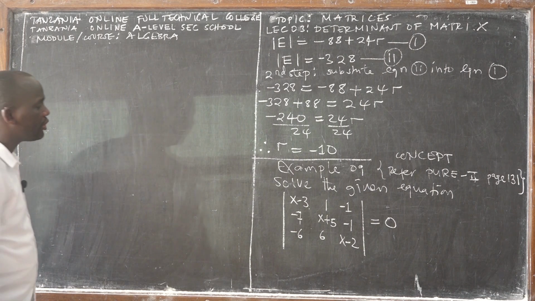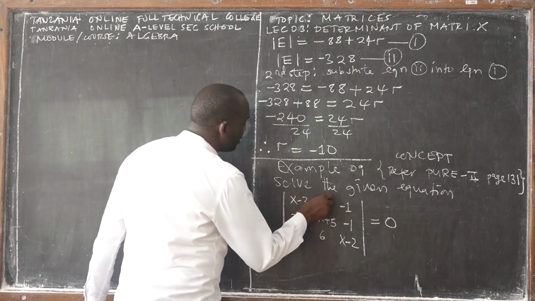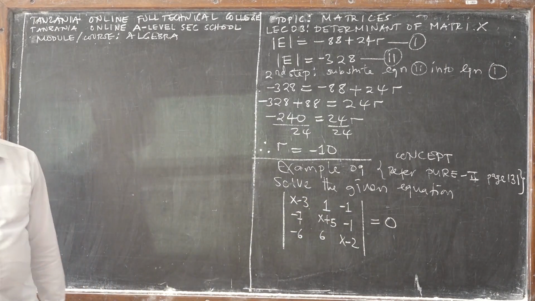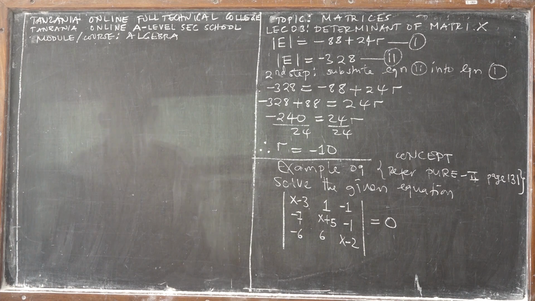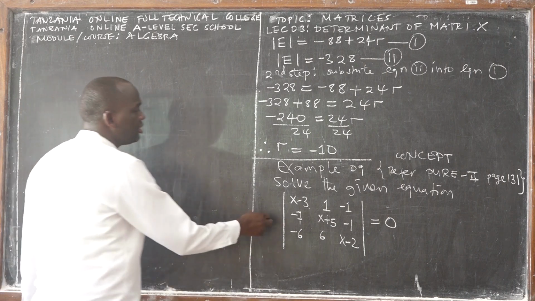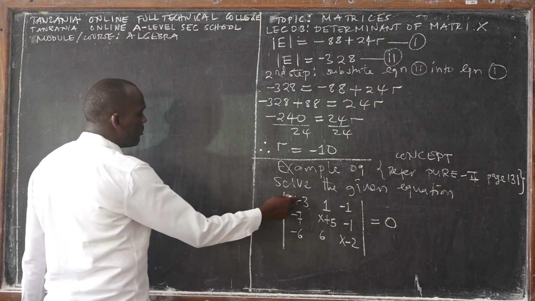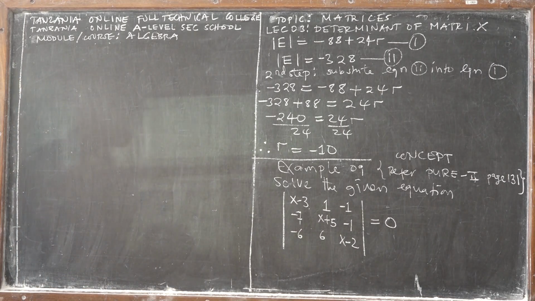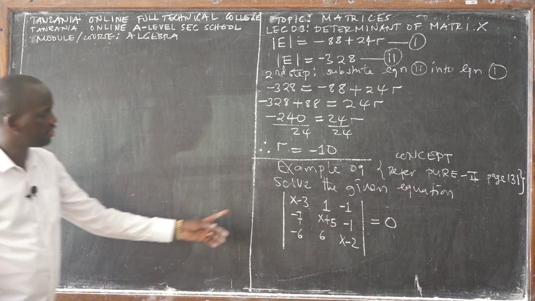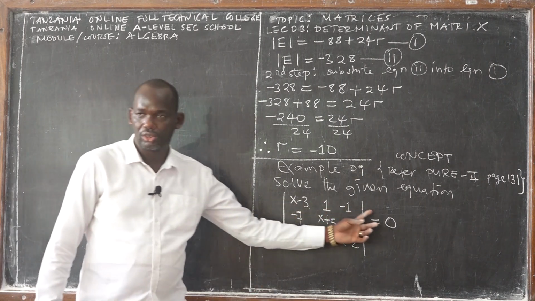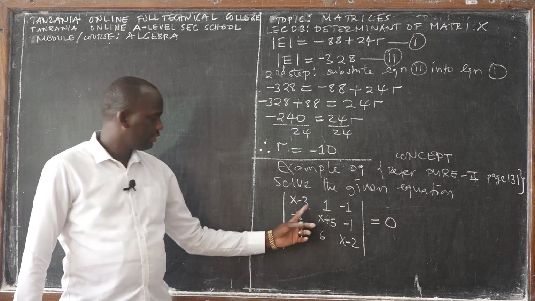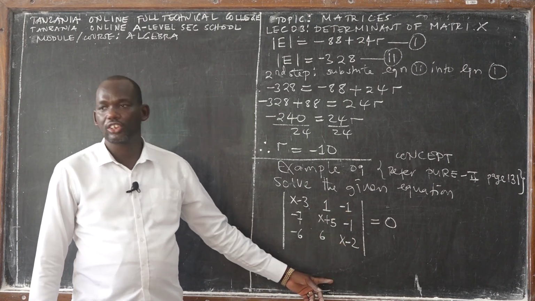To understand what you are supposed to do in this question, you have to know about mathematical notation. The first piece of information is that these elements have been arranged in rows and columns. This is the first column, the first row, the second row, the second column, the third row, the third column.